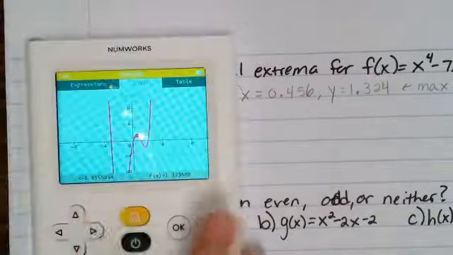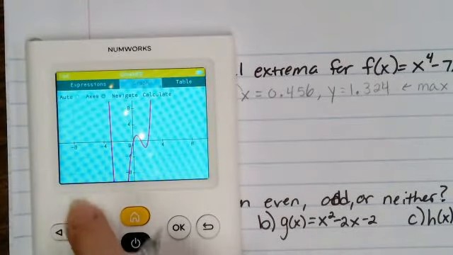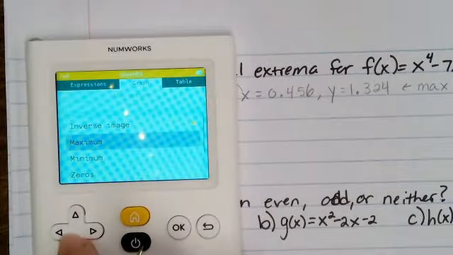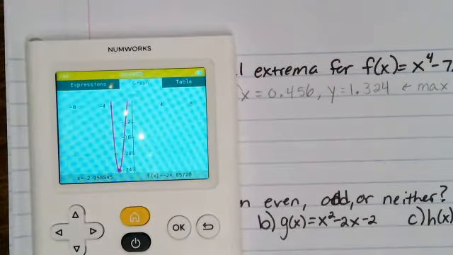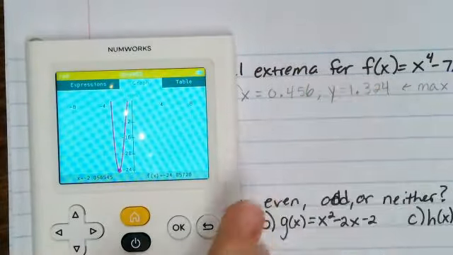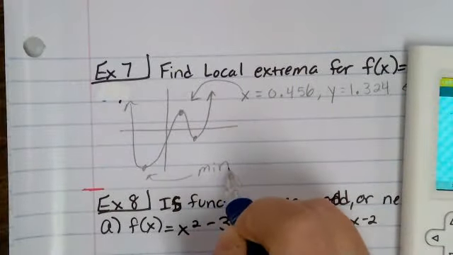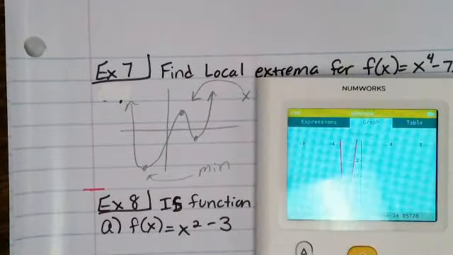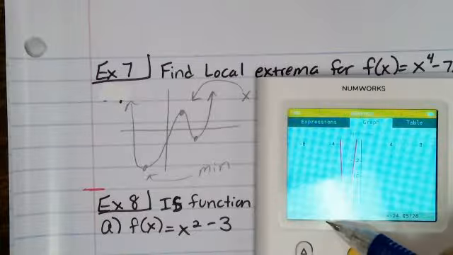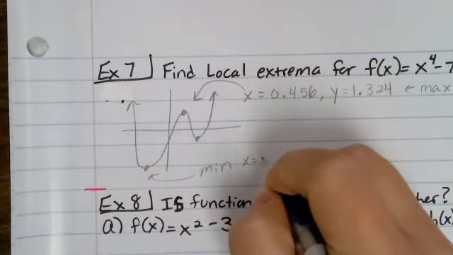But I can also make it go back and calculate. I'm going to make it find my minimums for me, because there is more than one. So we're going to go to minimum, and you'll see this first one. The minimum here, this guy right there, was at the point x equals negative 2.057, which rounds up to 7.